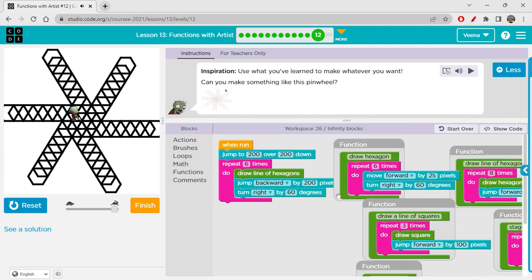Cool. Whoa, same thing. Okay. I think there are many spokes here. One, two, three, four, five, six, eight spokes are there. No issues. Let's do eight times, turn right by 45 degrees. That's enough.